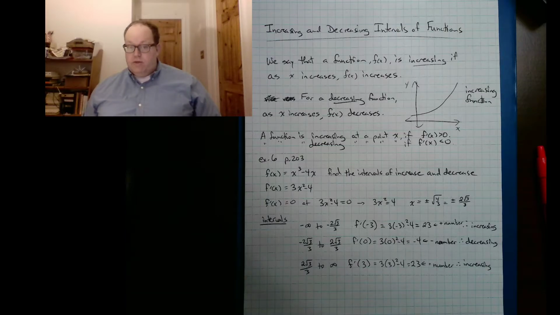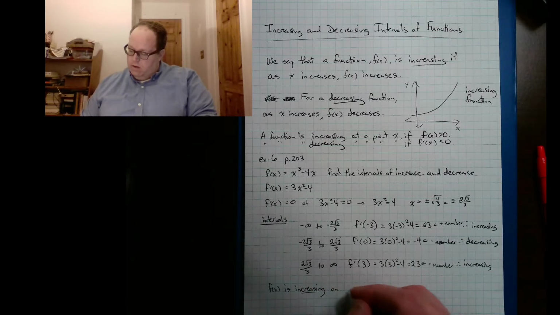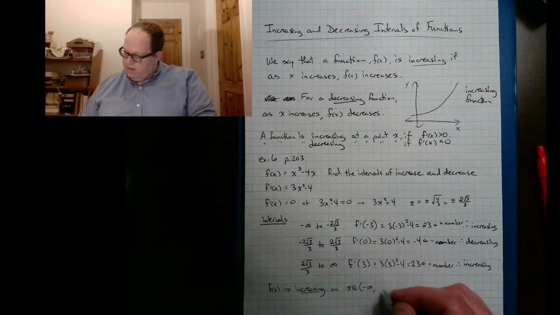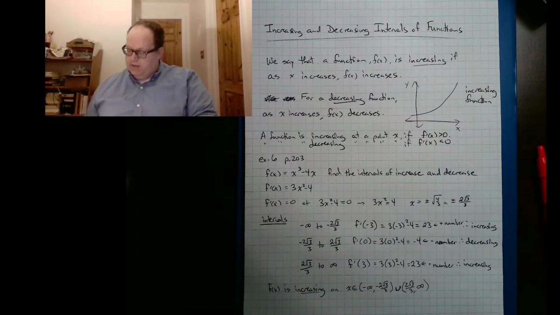So, how would I show this? I'm going to use interval notation, which I believe I've used a few times before, and I would say that the function is increasing on x from, it's everywhere in this interval, so from negative infinity to negative 2 root 3 over 3, joined with everything in this interval, 2 root 3 over 3 to infinity.